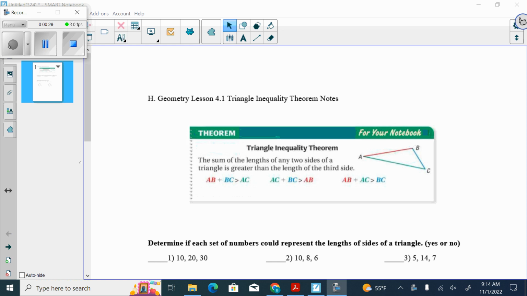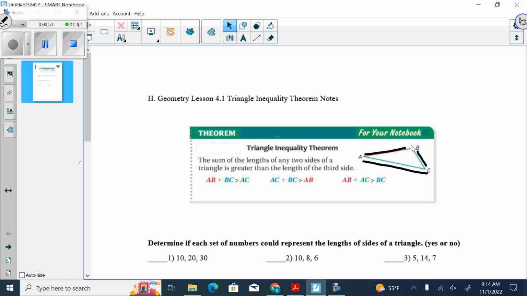This rule says you should be able to pick any two sides in the triangle and add them up, and they should have a greater sum than whatever the third side is. First they have AB, this red side, plus BC, this blue side, is greater than AC.